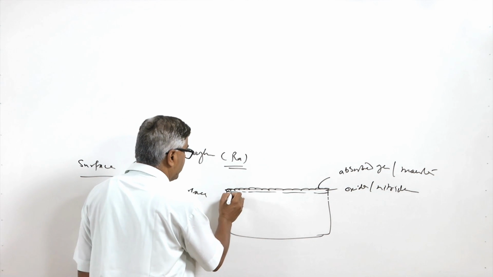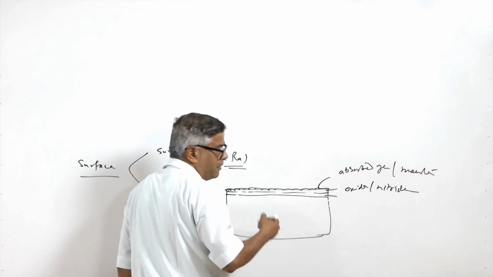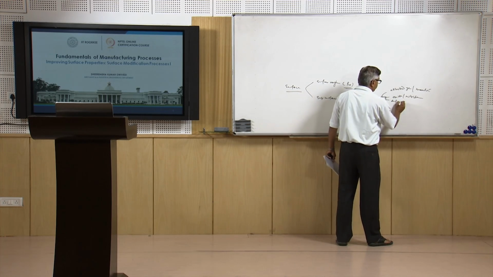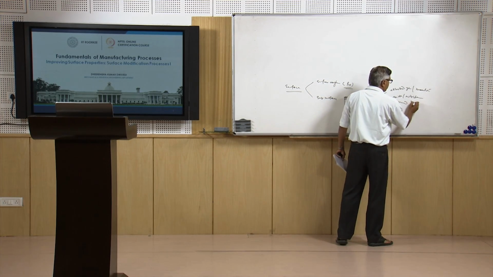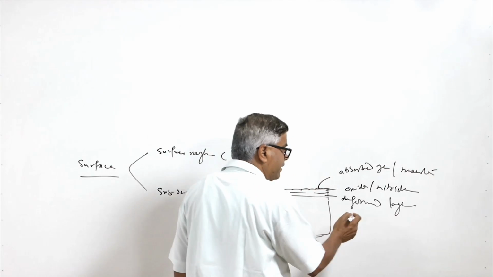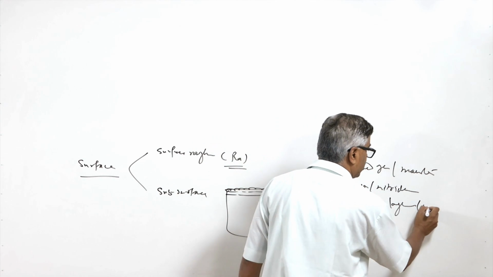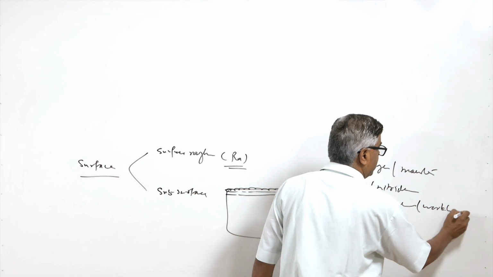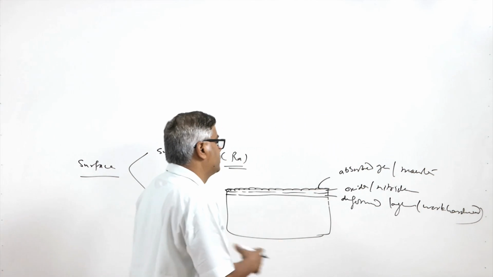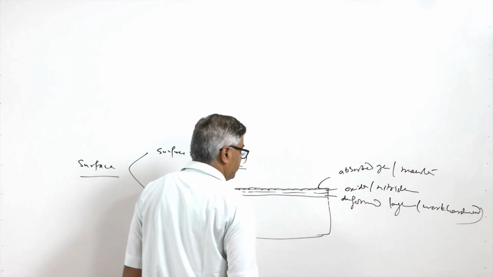Then we have a very deformed layer produced in the course of machining, mostly in the form of a mechanically mixed layer or very badly damaged layer, having the effect of work hardening. Any surface will have these components, produced through the manufacturing process followed by machining.